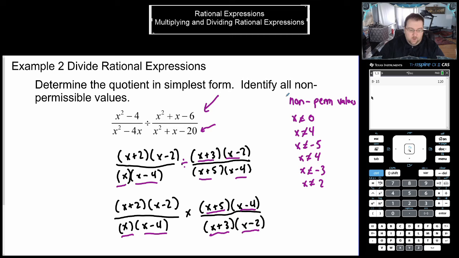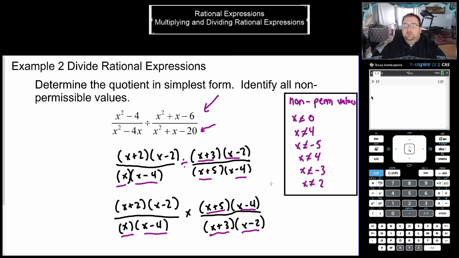We have a whole slew of non-permissible values. And this is where most students forget this. Your non-permissible values when you're dividing is going to come from this term, and this term. All three of these sections give you non-permissible values because of that multiplying by the reciprocal, right?